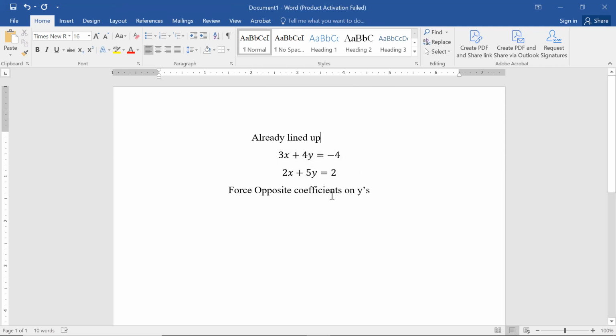Next step, I need to force opposite coefficients on the y's. Now, I actually could have forced opposite coefficients on the x's as well. It's just as efficient to force opposite coefficients on x's as it is on y's. So if you prefer x's and I prefer y's, eliminate whichever one you like.